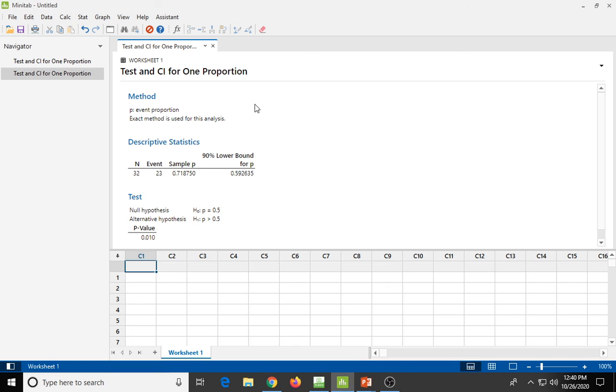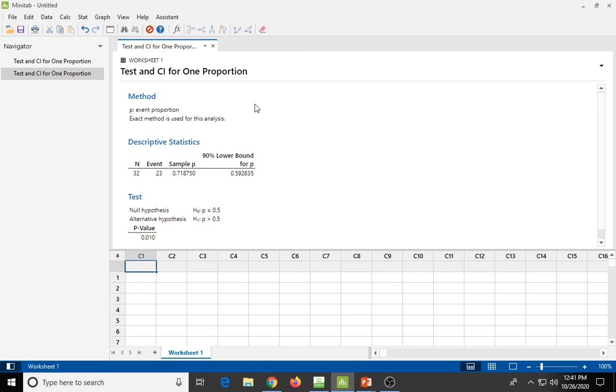Here I have 0.719. And if I look to see what's bigger than 0.719, I get a p-value of 0.01. So I would reject the null hypothesis and claim that people do have a tendency for more competency.